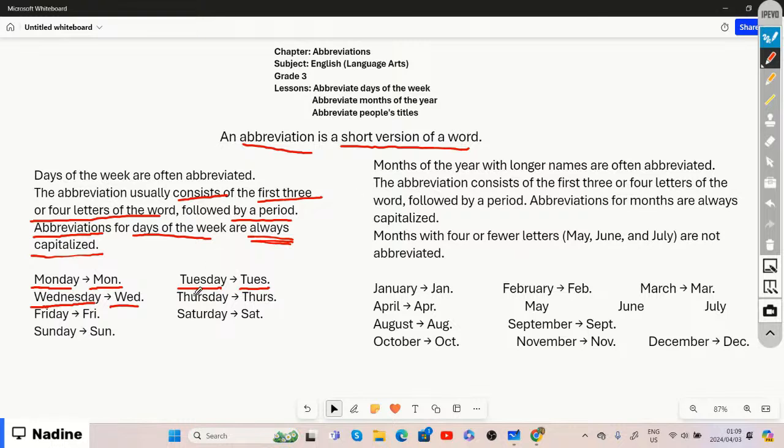And then if we abbreviate Thursday, Thursday will be Thurs. So that is now 5 letters, Thurs, which is 5 letters that it is abbreviated to.